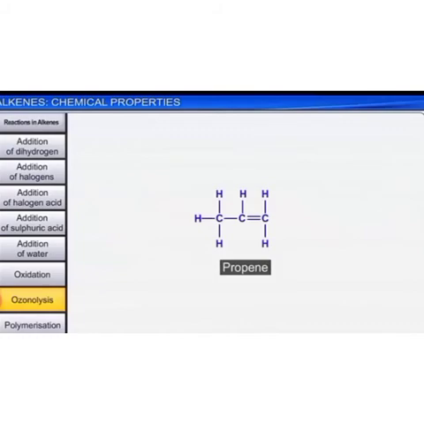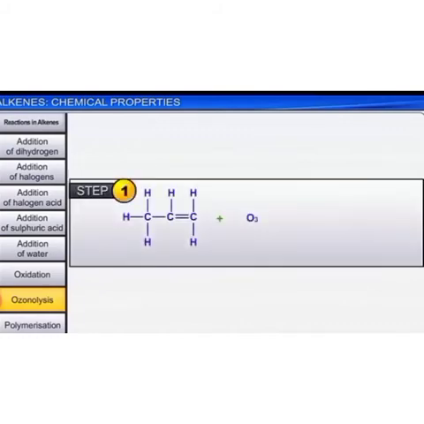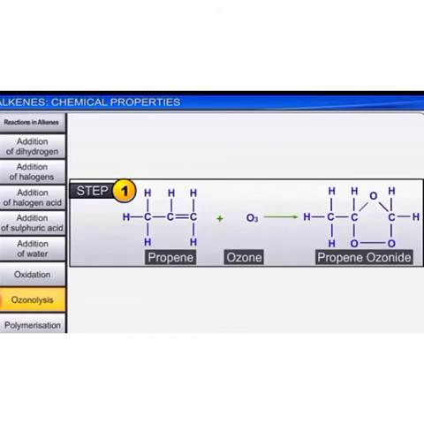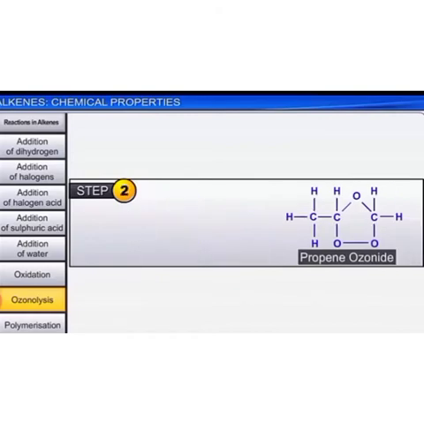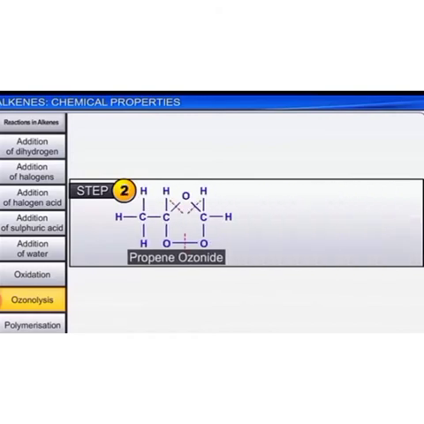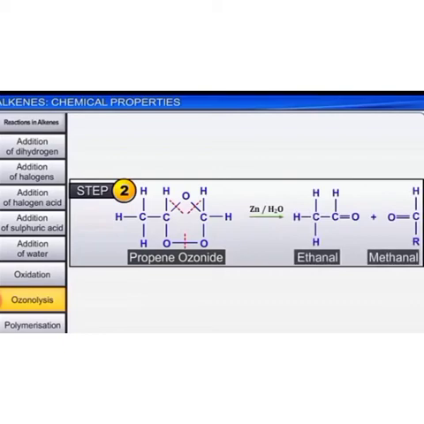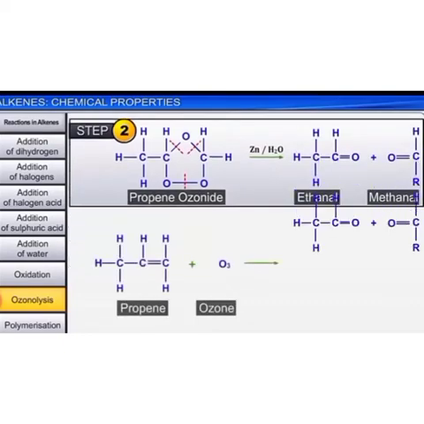Here, first propene and ozone react to form propene ozonide. The propene ozonide, on further hydrolysis, in the presence of zinc, undergoes cleavage to form ethanal and methanal. The products formed help us to determine the position of the double bond in propene as shown here.